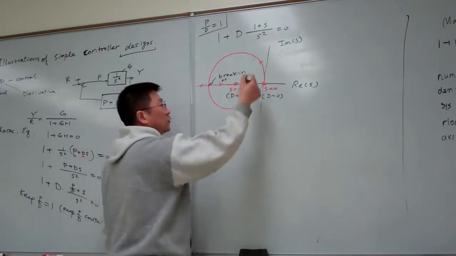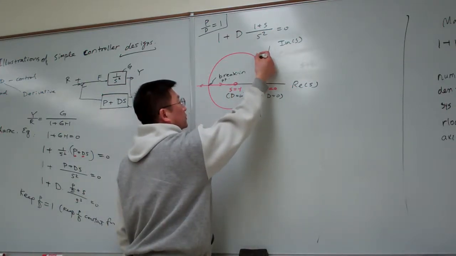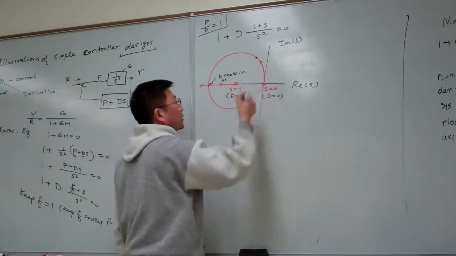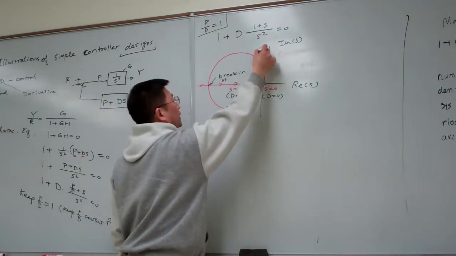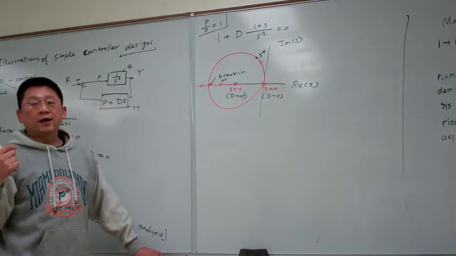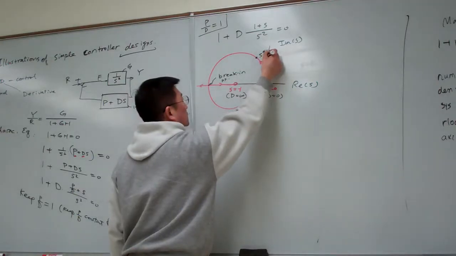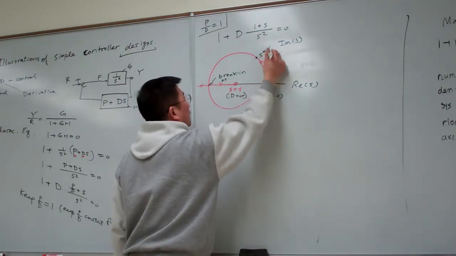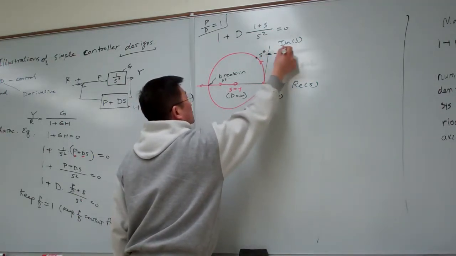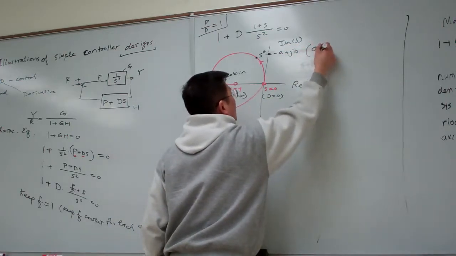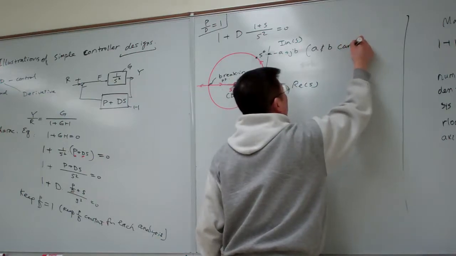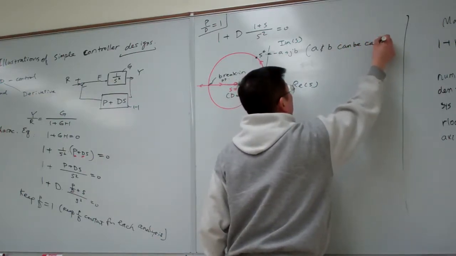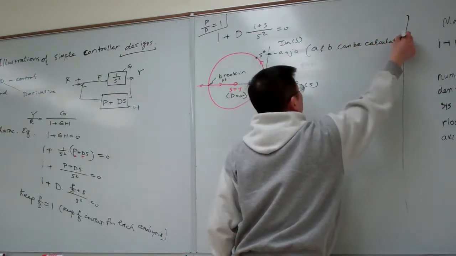So again, repeating our previous calculation. For example, you can select this point here, and say this is the spatial value of s bar, corresponding to, say, for example, equal to minus A plus jB. And here A and B can be calculated precisely.